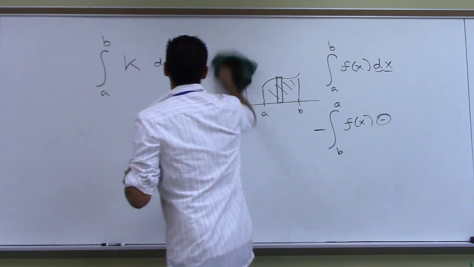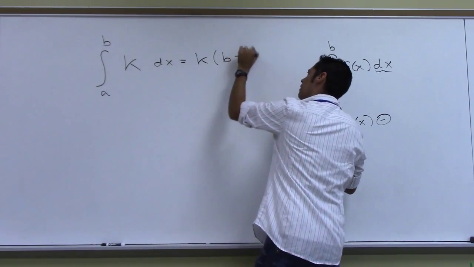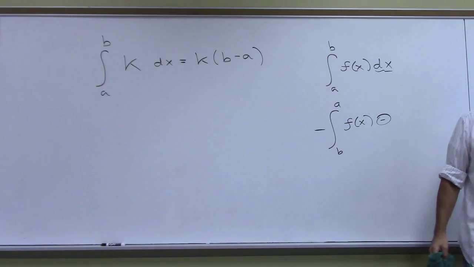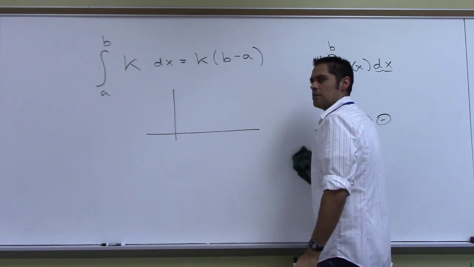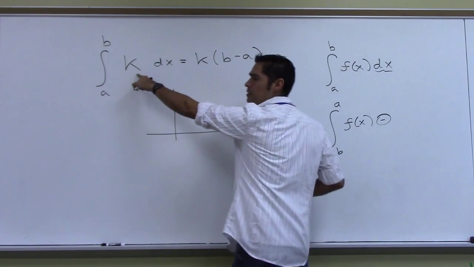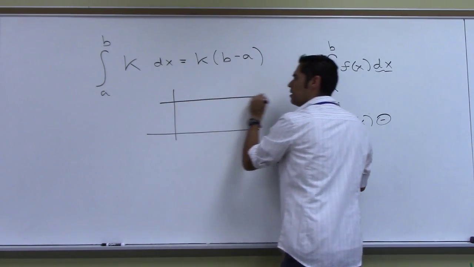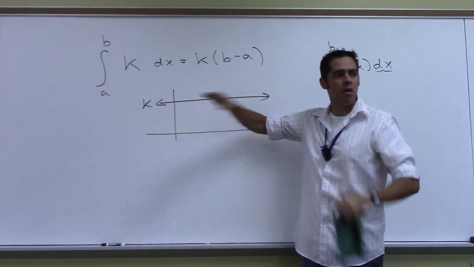K is equal to k times b minus a. Does that make sense why that would be? Let's draw it. That's a constant function, right? Constant. So maybe it just does this. It's k units high, right? That's how tall it is.